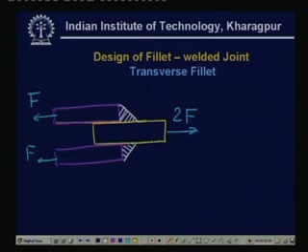Now, if we use the strength of materials approach, then we take a cut. We want to find out the average stress at any section. We take a cut, let us say, here, two symmetric sections which make an angle theta. We take the cut and draw the free body diagram.